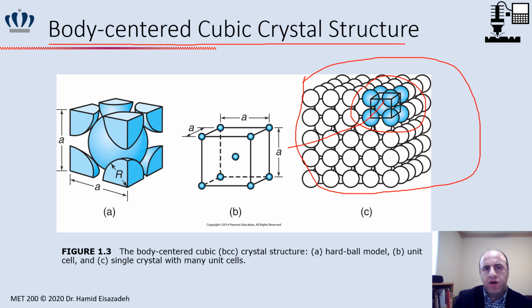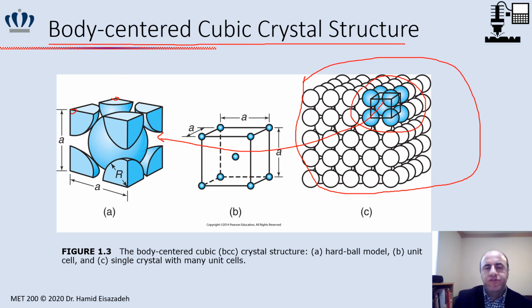If we take it out here and show it with this schematic, we see that one atom is located on a corner. This definition is important: how many atoms are within this unit cell. It provides some information about the packing factor, the atomic packing inside the unit cell.